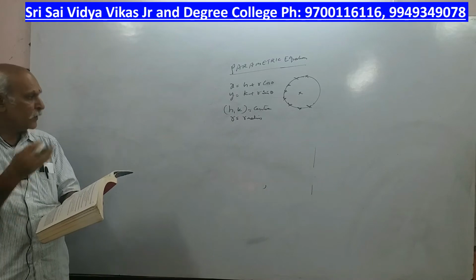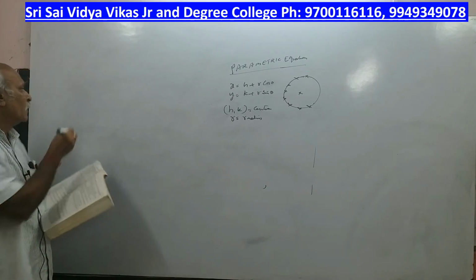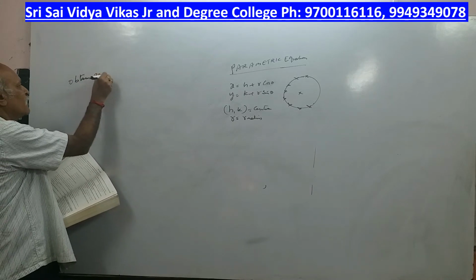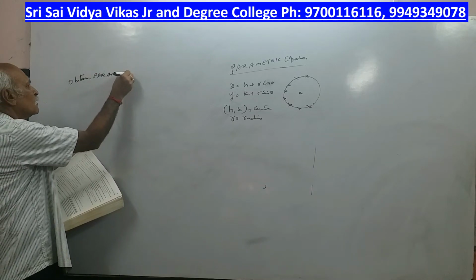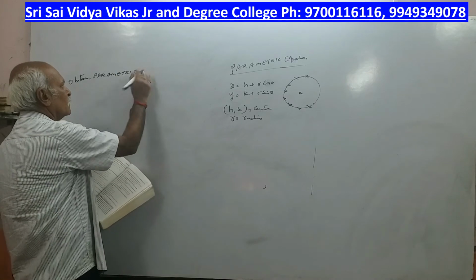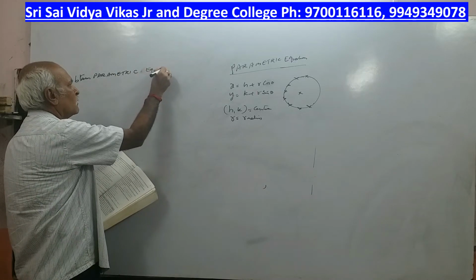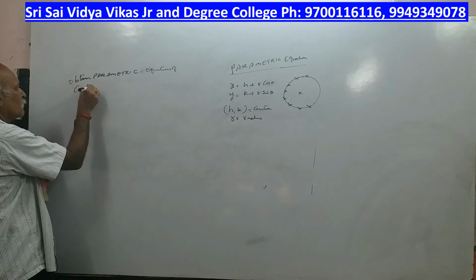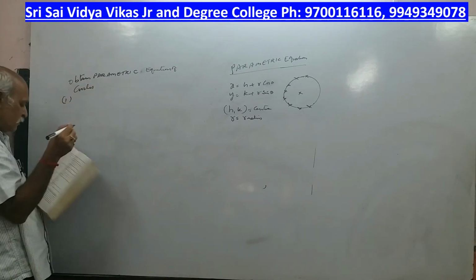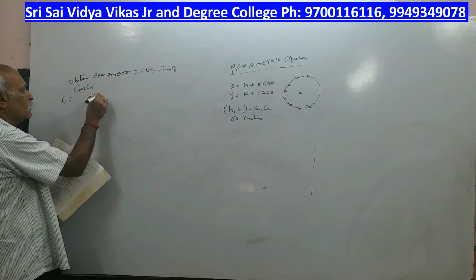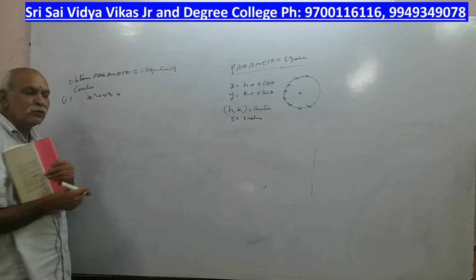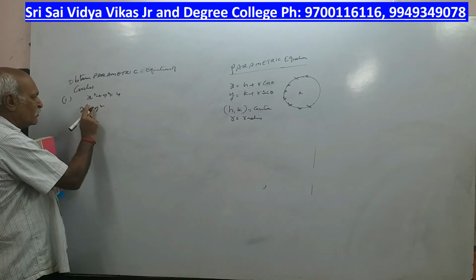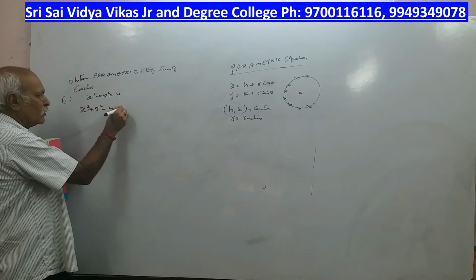Okay, next, based on this formula, let us do some problems. Obtain parametric equations of circles. First one: x square plus y square is equal to 4. Here first we have to write x square plus y square minus 4 is equal to 0.